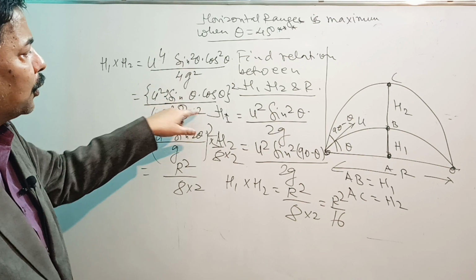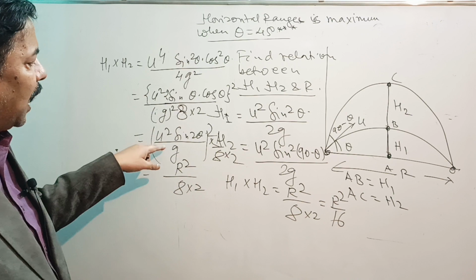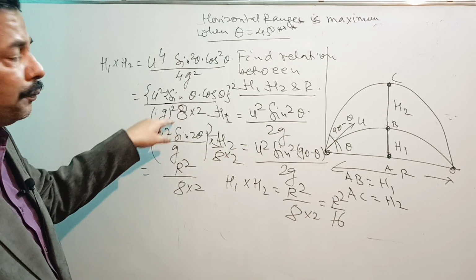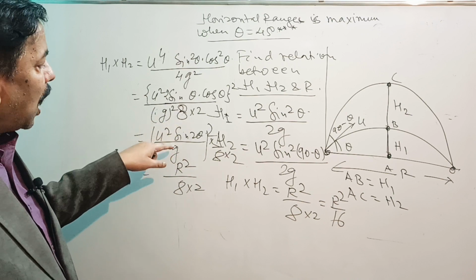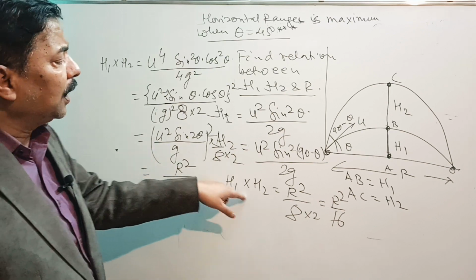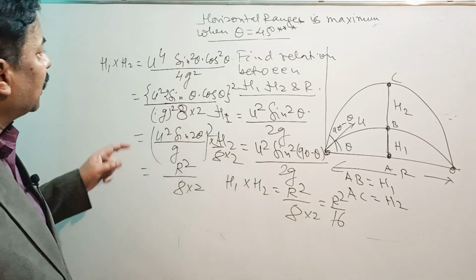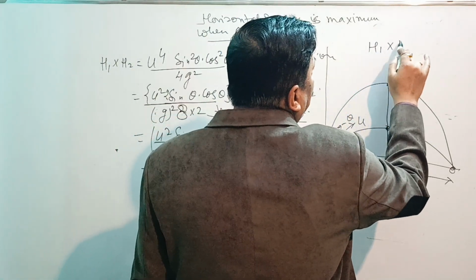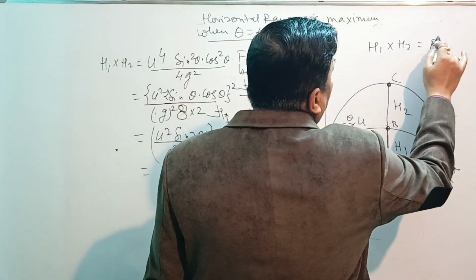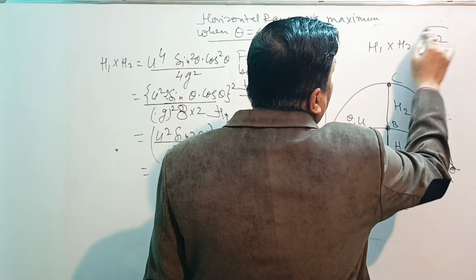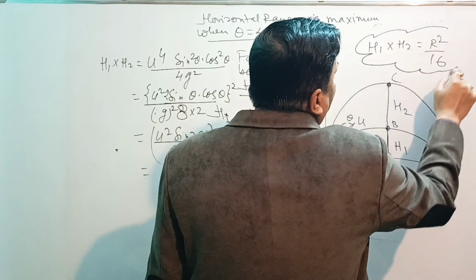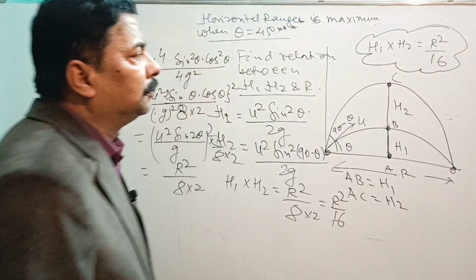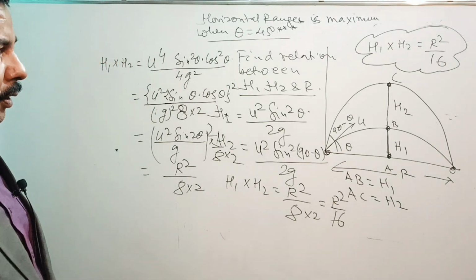So 4 into 4 is 16, and ultimately this value is giving you the value of R. So R square by 16, and ultimately the relation that exists is H1 into H2 is equal to R square by 16 for the same range, the two heights that we are getting.